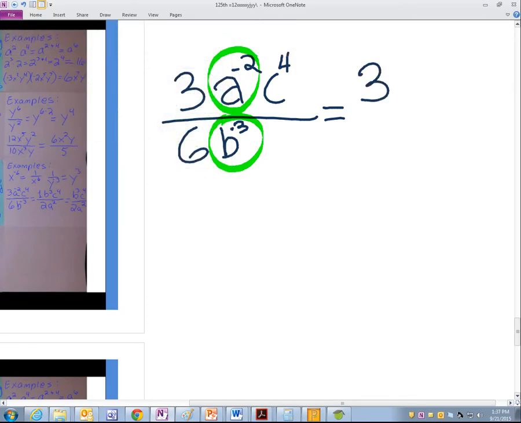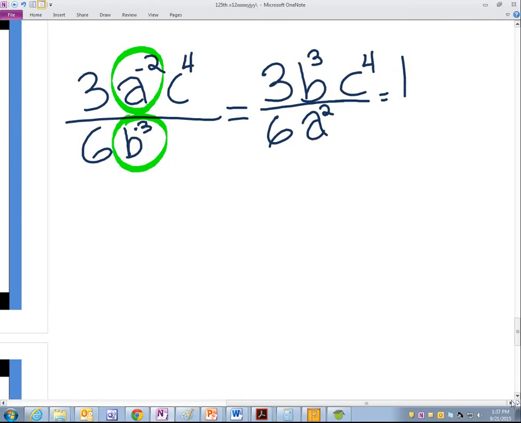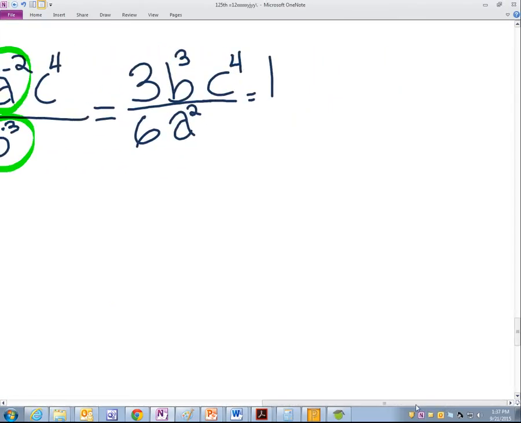So this is still 3. This is still 6. Now my b gets brought up here, b to the 3rd, and my a gets brought down here, a squared. c to the 4th, which isn't negative, is still chilling. Now we still have to simplify. That's why 3 became 1 and 6 became 2.